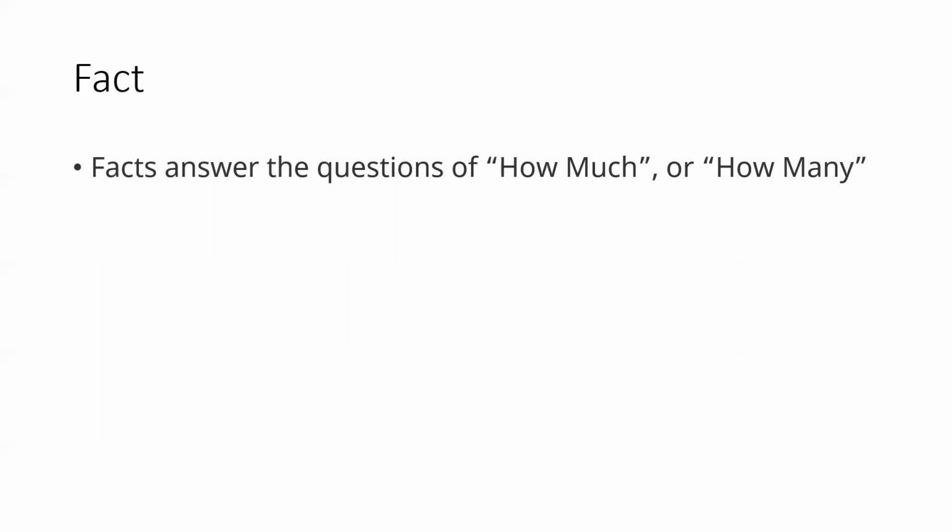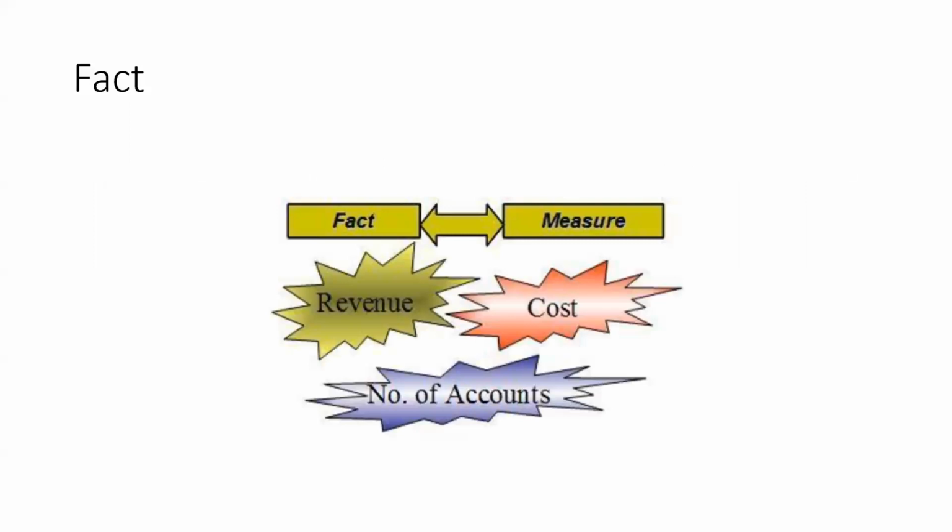So first of all, what is fact? If we ask questions on top of data, like how much or how many, whatever answers we receive are called facts or measures. Fact and measure are the same thing, and it should generally be numerical in nature, just like sales data.